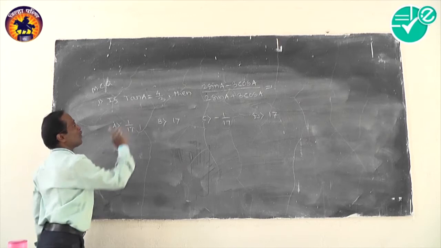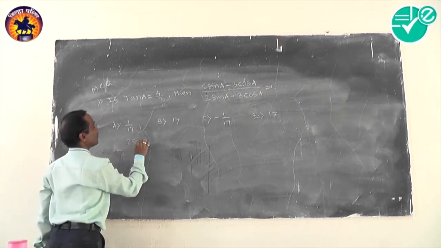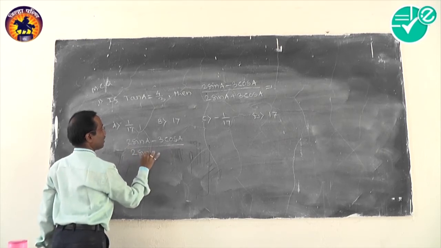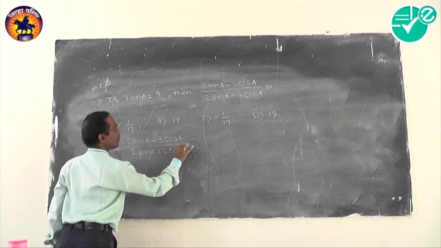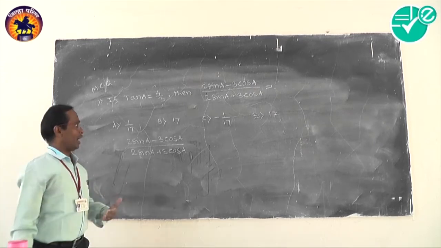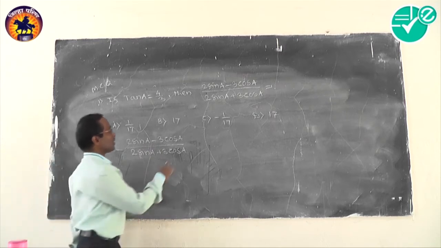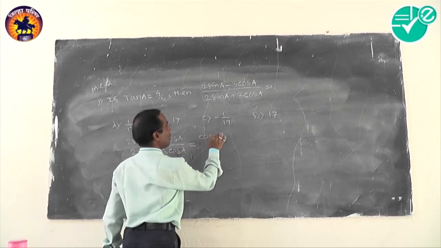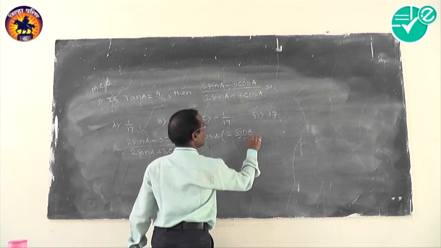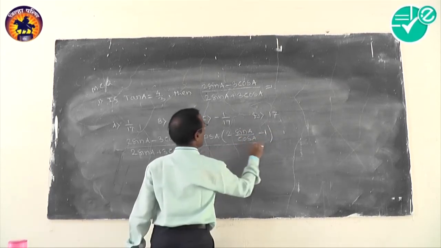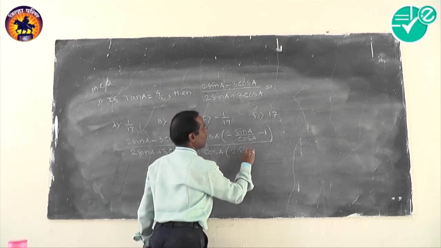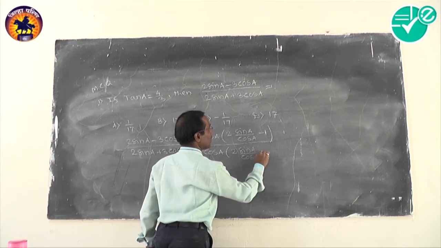So reduce this function to the form of tan directly. 2 sin A minus 3 cos A divided by 2 sin A plus 3 cos A. Now we take cos A common from the numerator and denominator, or divide the numerator and denominator by cos A. So we get 2 into sin A upon cos A minus 3 in the numerator, and in the denominator 2 sin A upon cos A plus 3.